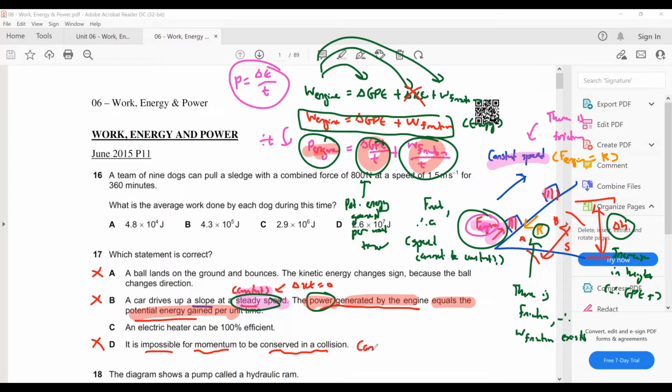This one can be. What we'll say is that momentum is conserved in a closed system.